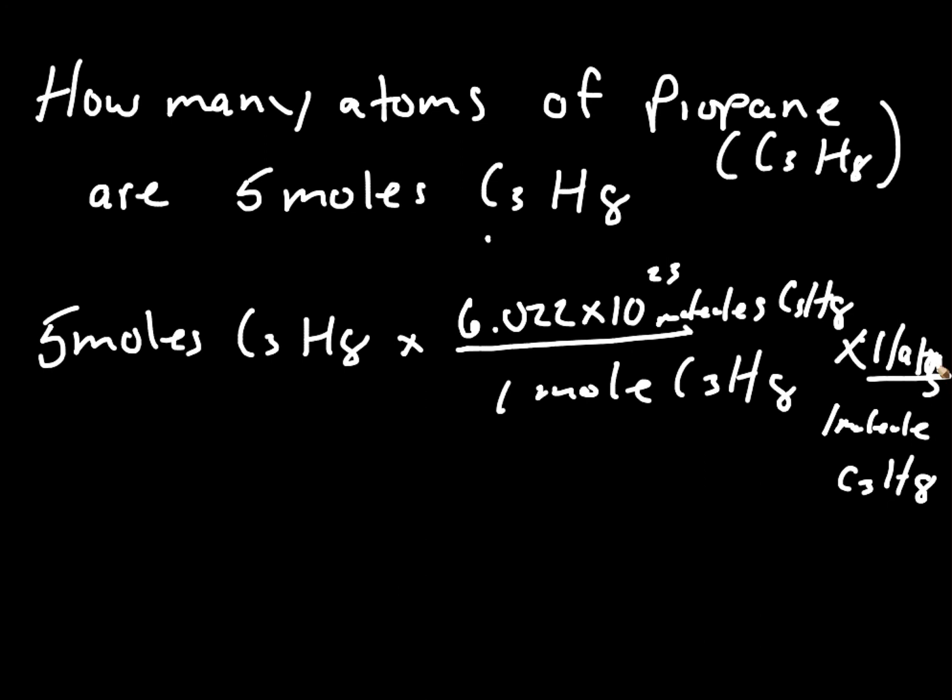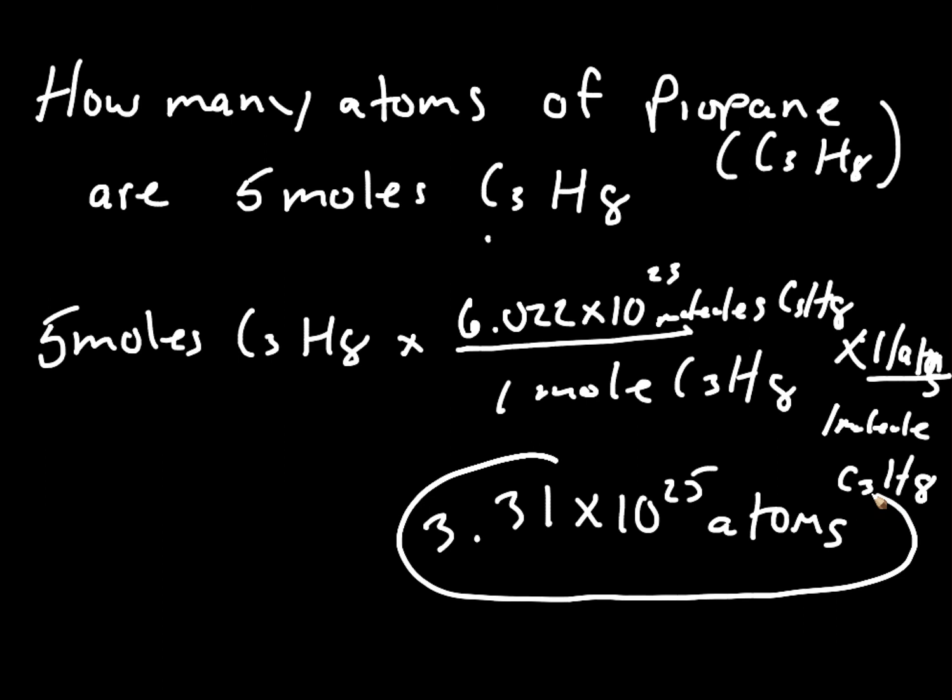So I plug this in, 5 times Avogadro's number, and I get 3.31 times 10 to the 25th atoms of C3H8. Now, don't forget about the gram. The gram could be put in here as well.